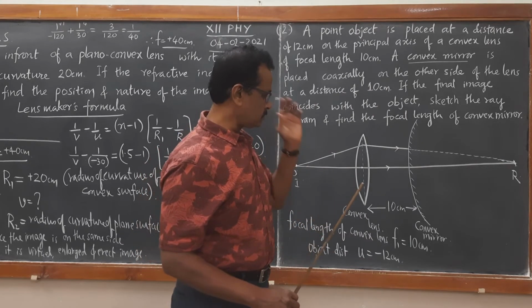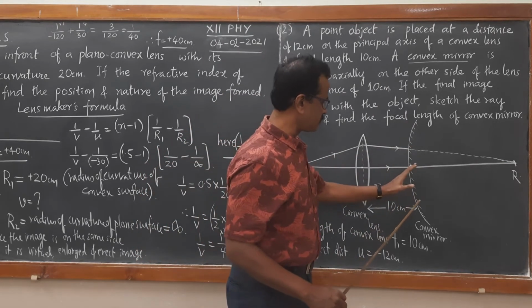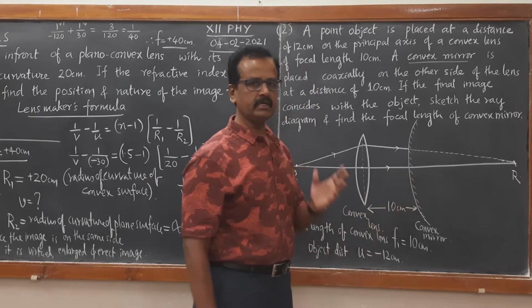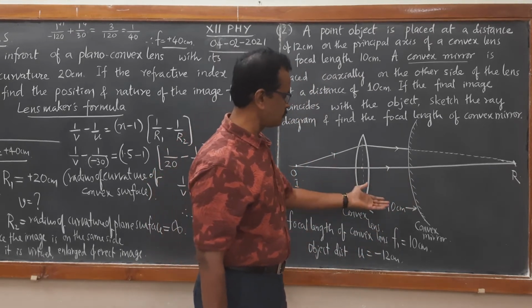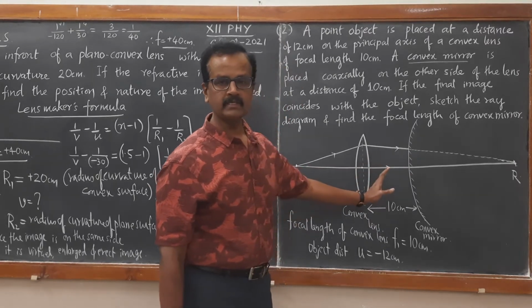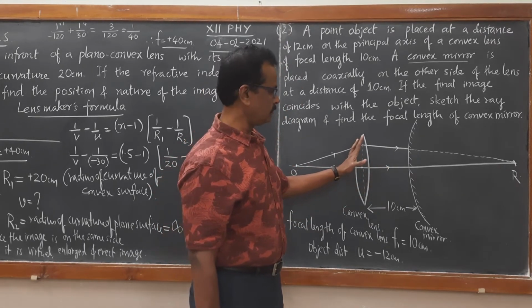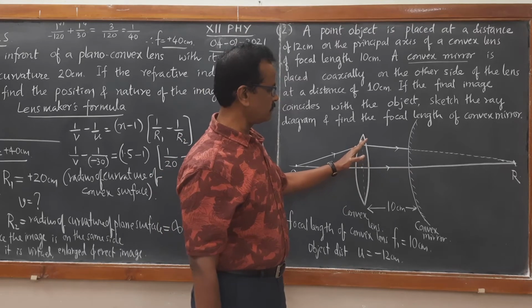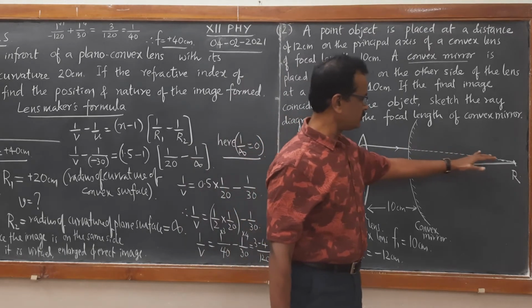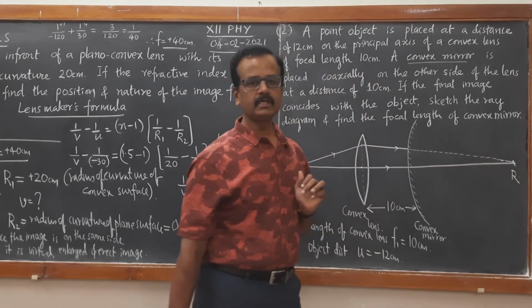Why? Because when we keep the convex mirror at a distance of 10 centimeter, we are keeping the convex mirror at the focal length of the convex lens itself. So the rays falling normally on the mirror are going to reach at the radius of curvature.